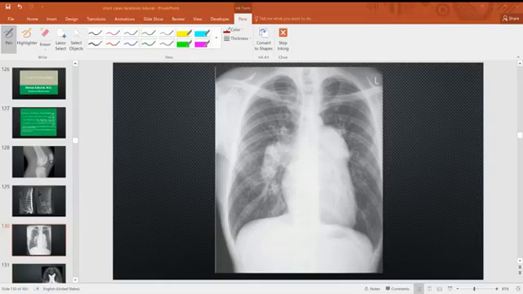Is it the trunk, the main pulmonary artery, or both? Which part of the pulmonary arteries is dilated in this patient? Pulmonary trunk, main pulmonary artery, or both?